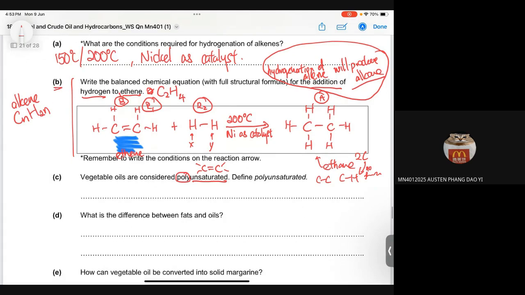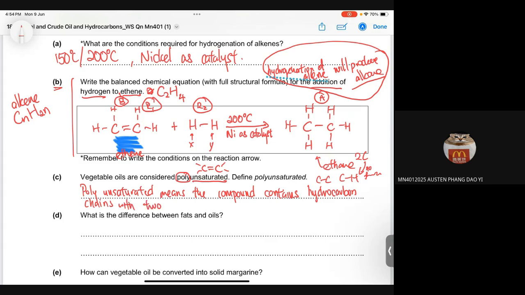So when I ask you to define polyunsaturated, it means the compound contains hydrocarbon chains with two or more carbon-carbon double bonds.